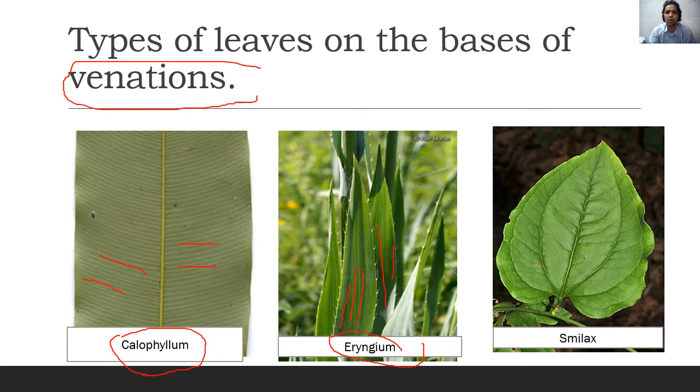On the other hand, dicots frequently show reticulate venation; reticulum means web. In this case, the veins are present throughout the leaf in an irregular way. However, here you can see this is a monocot plant, and it shows reticulate type of venation. So these are some exceptions.